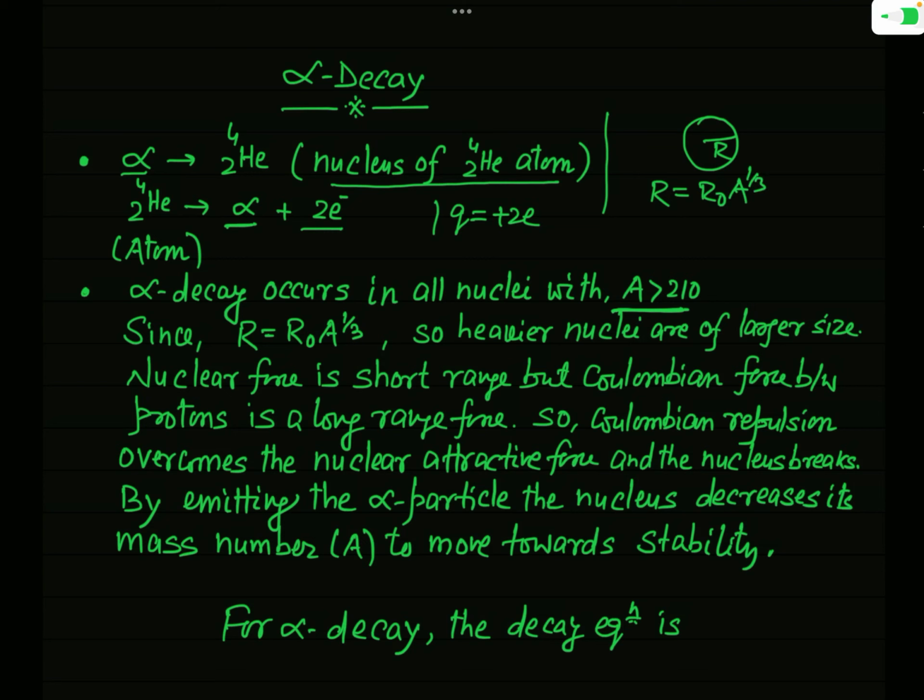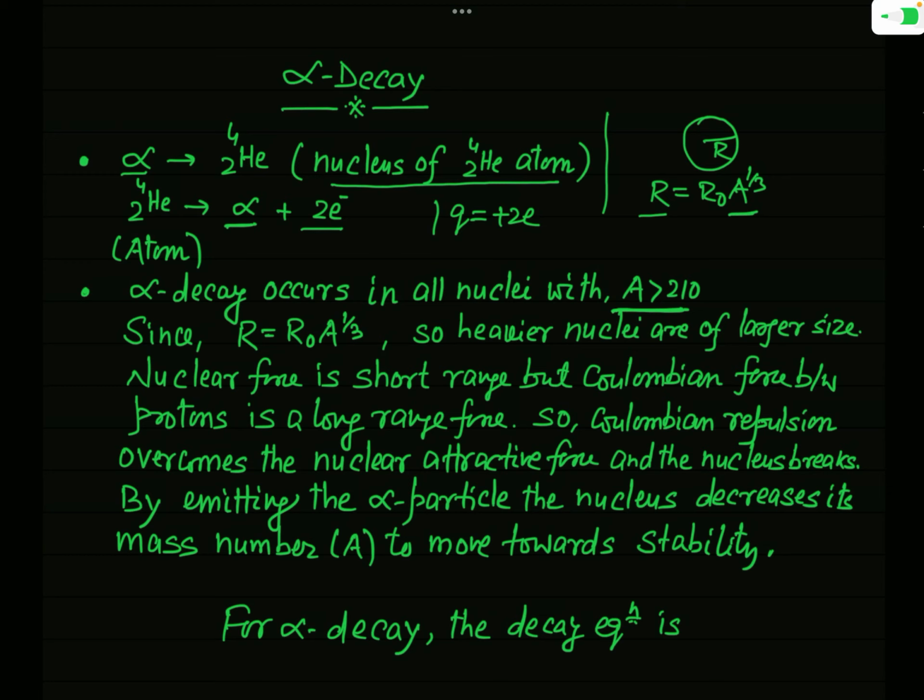So if mass number A is large, the radius of the nucleus will be large, that is, the nucleus will be of larger size. And inside the nucleus there are nucleons, that is neutrons and protons, and between those nucleons an attractive nuclear force acts. The nucleons attract one another, and that force, called nuclear force, actually binds the nucleons inside the nucleus.